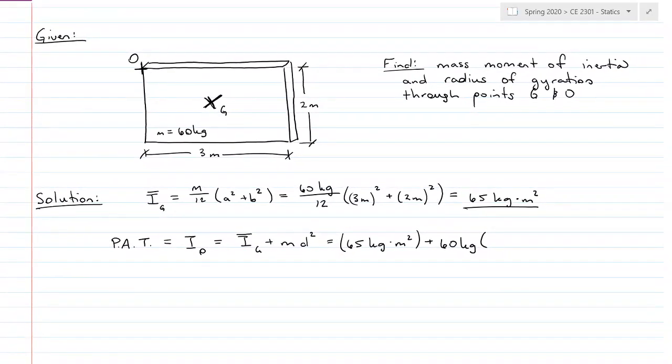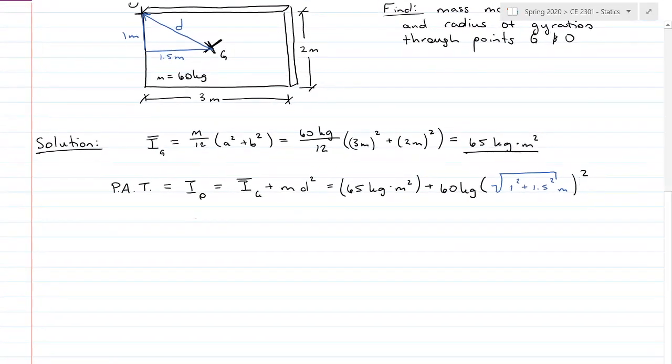This is going to be a straight-on distance D. This looks to me like a right triangle with a width of half of 3 meters, 1.5 meters, and a height of 1 meter. So that means my distance D is going to be the square root of 1 squared plus 1.5 squared meters. And I need D squared, so there's that square there.